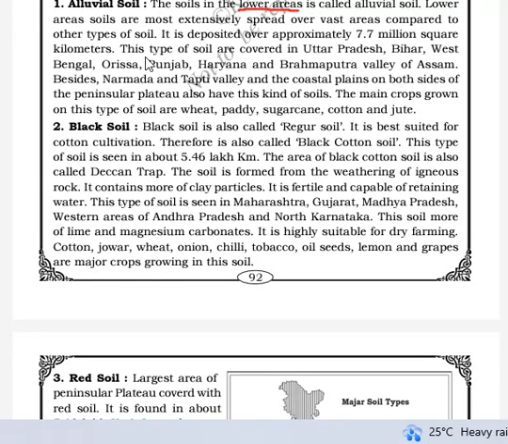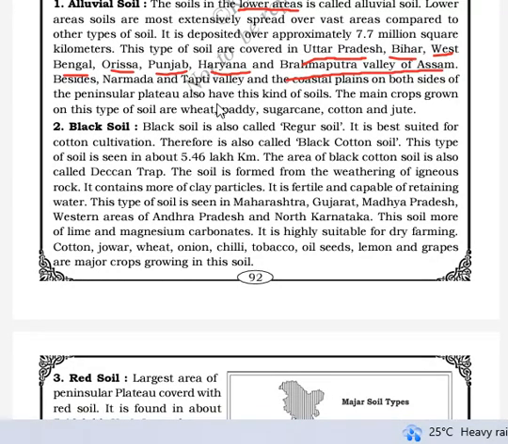Let's read about the states where alluvial soil is found. This type of soil is found in Uttar Pradesh, Bihar, West Bengal, Orissa, Punjab, Haryana, and the Brahmaputra Valley of Assam. So you should know at least 2-3 states where alluvial soil is found, for example Uttar Pradesh, Bihar, Orissa or Punjab.